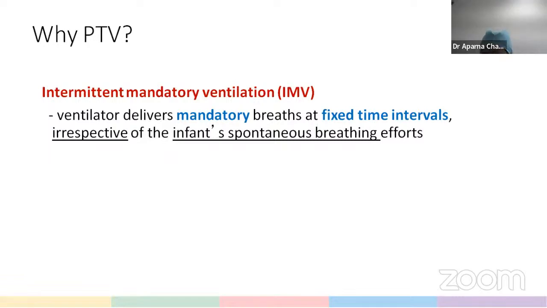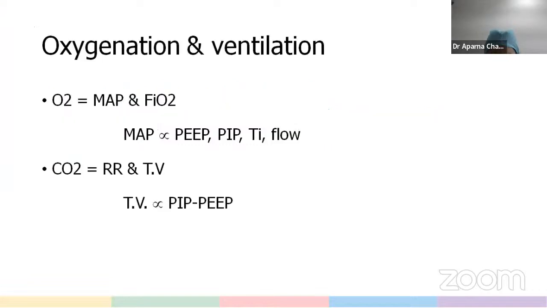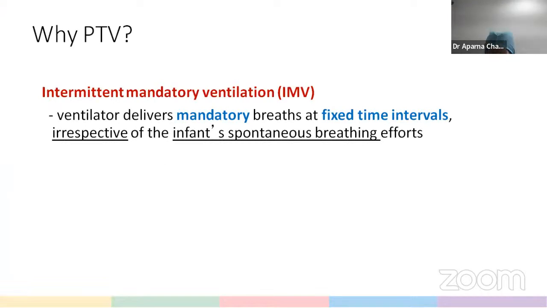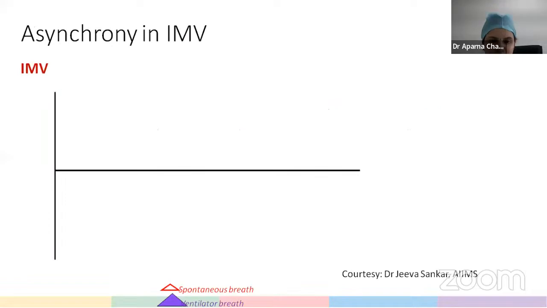We'll see if we can figure out the blur video issue. But in the meantime, I thought we'll continue with the presentation. While we discuss so much about the different settings, something about patient-triggered ventilation. So we know that in intermittent mandatory ventilation, the ventilator delivers a few mandatory breaths at fixed time intervals, irrespective of the patient's spontaneous efforts.